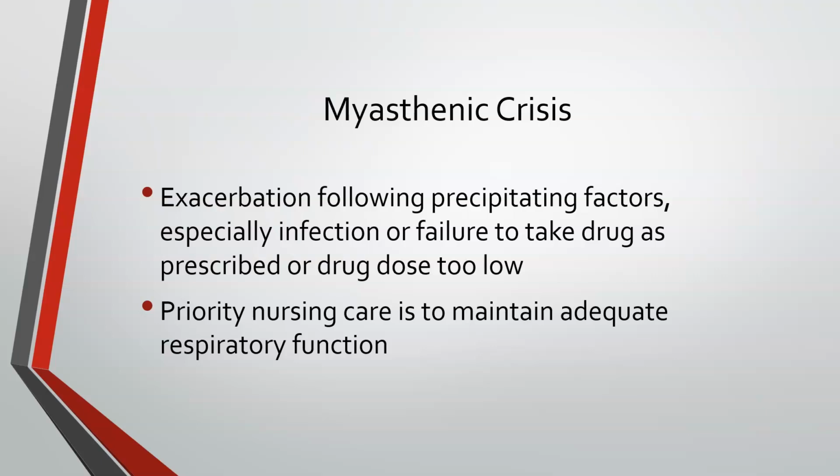The skin may be cool and pale. There are no gastrointestinal changes. The secretions are not as excessive. And the Tensilon test, which is also called edrophonium, will show muscle improvement.